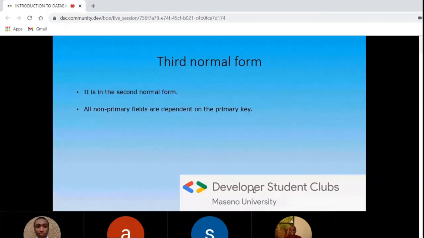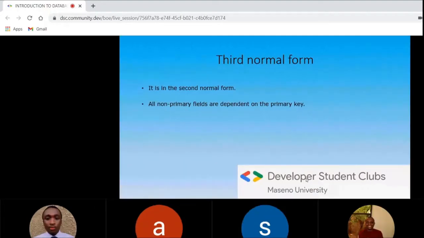When we are creating Anto's address, we can have the town, the address, and maybe a code, an address in the town. We see those three columns. If they are in a table, we can see that they depend on each other more than they depend on Anto. That would simply mean these non-primary fields are dependent on each other rather than on the primary key.